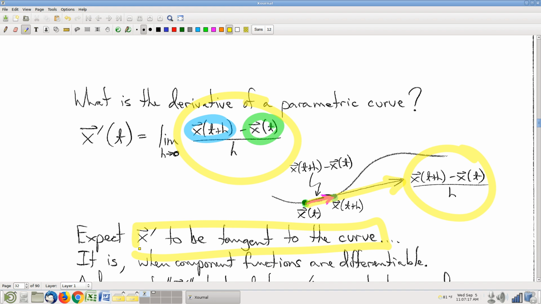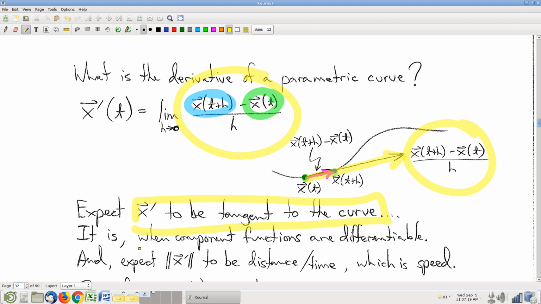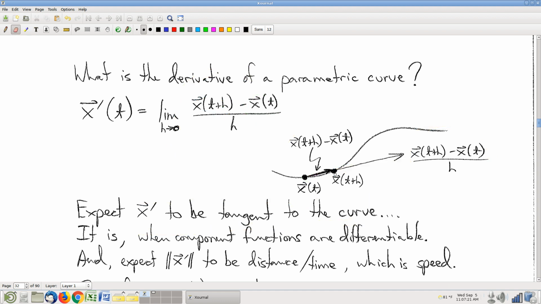Okay, next, how long is this vector? What's this magnitude here? Well, I would roughly expect the magnitude to be the magnitude of the numerator divided by the absolute value of the denominator.